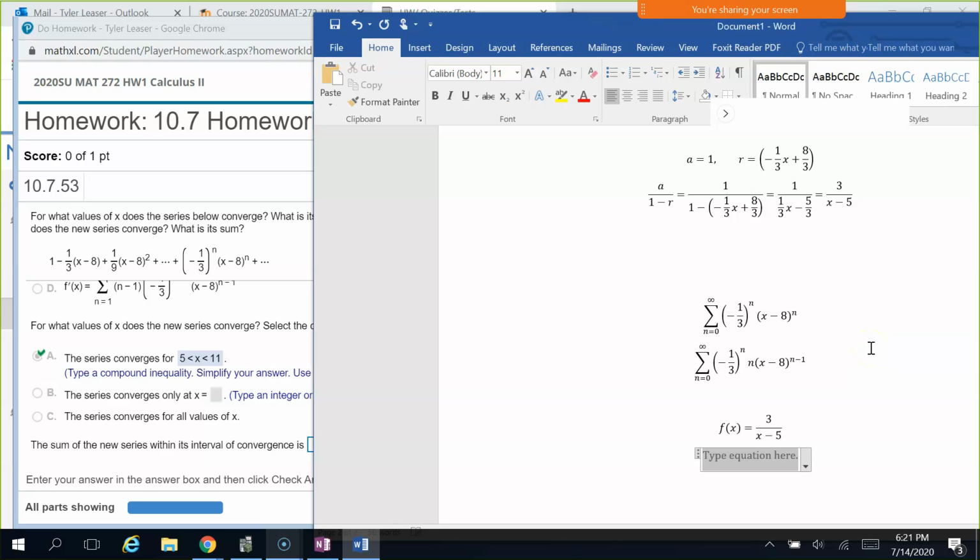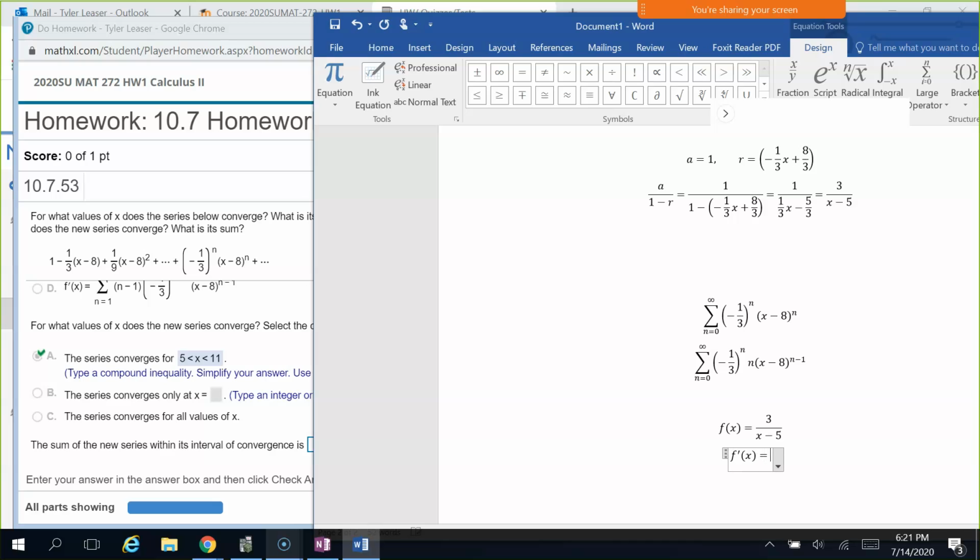You could do a quotient rule here, or you can think of that as being x minus 5 to the negative 1, which is how I'll think about it. So we'll bring down the negative 1, leave the inside alone, take 1 away from negative 1, but then multiplying by the derivative of the inside is just 1, so that's not going to do anything. Bringing that back down to the bottom, it's going to be x minus 5 all squared.